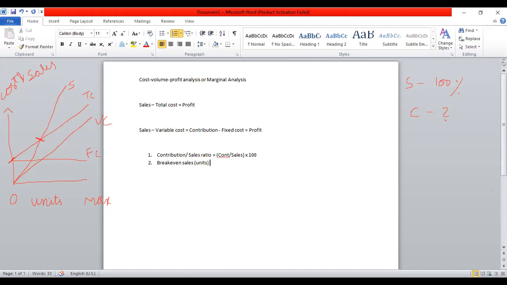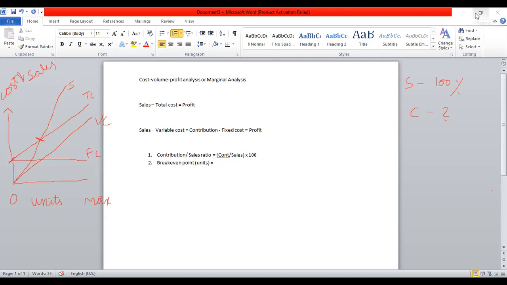Break even point, BEP, is how many units they should sell so that they break even. Break even point is a point where there is no profit, no loss.